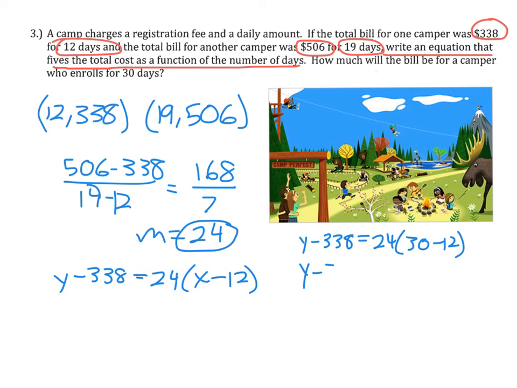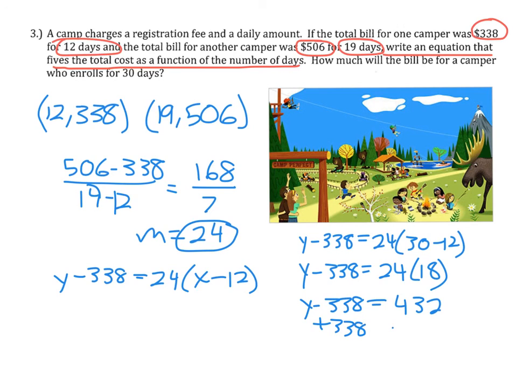So 30 minus 12 gives us 18. So we have to do 24 times 18, so y minus 338 equals 432. And we add 338 to both sides to solve for y. And we get y equals $770.